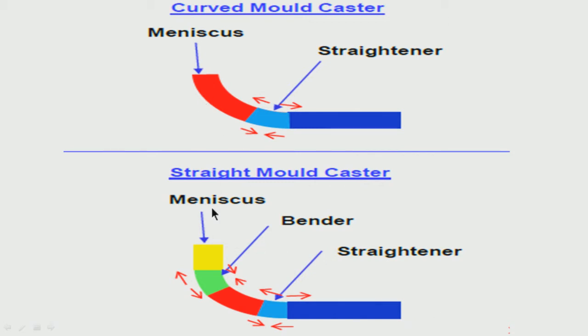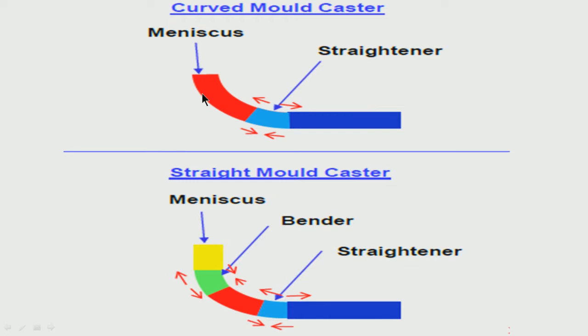If you have a vertical mold, you will have a maybe 10-storied continuous casting shop, which is not practical. So, normally the mold is initially vertical, and then it becomes finally horizontal. The cast product when it is finally coming out is horizontal, but initially the mold is vertical.